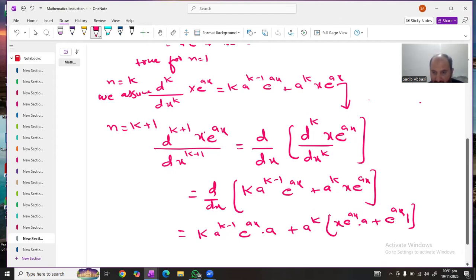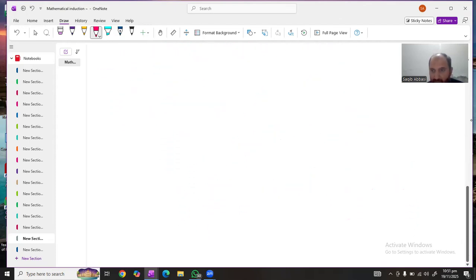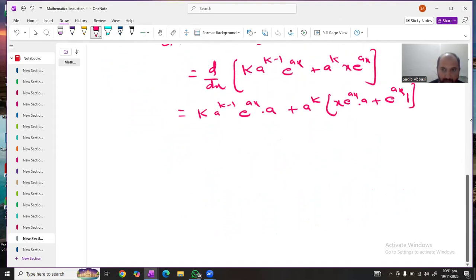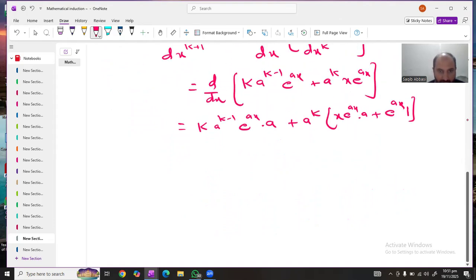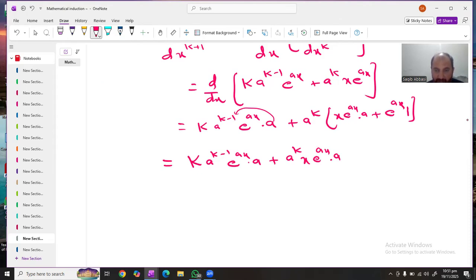After that, we write k a power k minus 1 e power ax, and this a takes its power, so we write k a power k, e power ax. Plus a power k x e power ax into a.